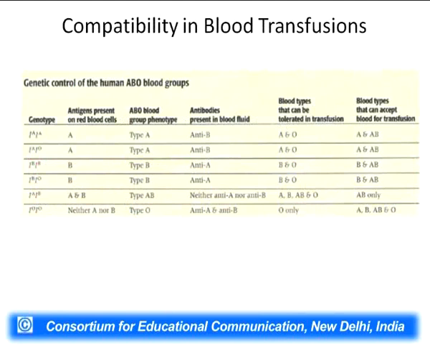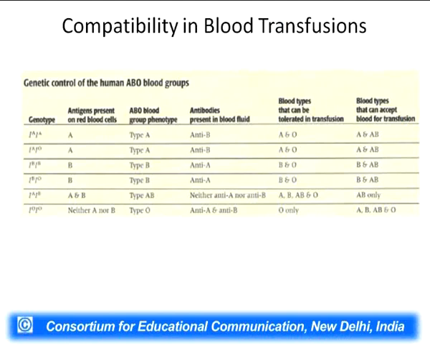and this is the basis for compatibility in blood transfusions, because whenever we are donating blood or receiving blood, there has to be a pre-test with an anti-A or an anti-B or an anti-AB.